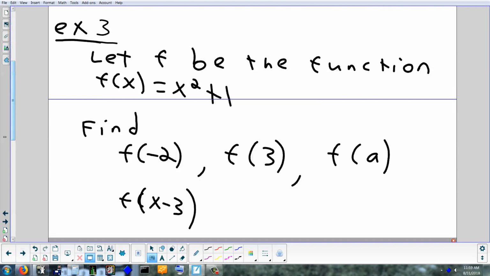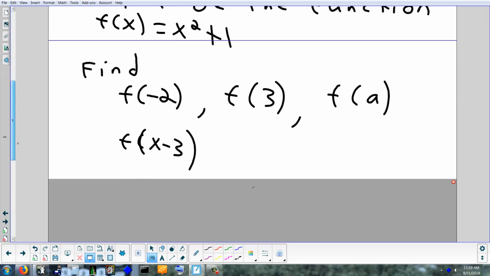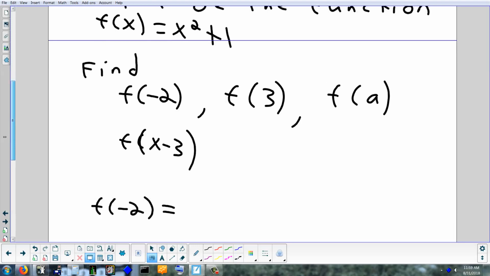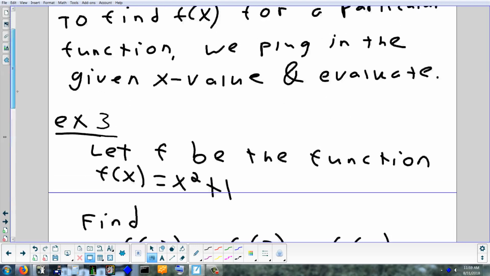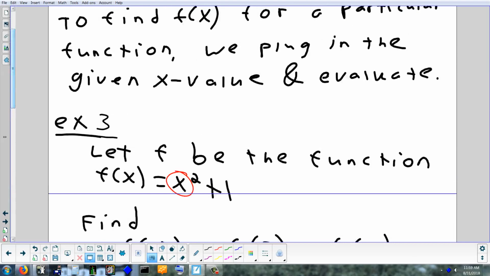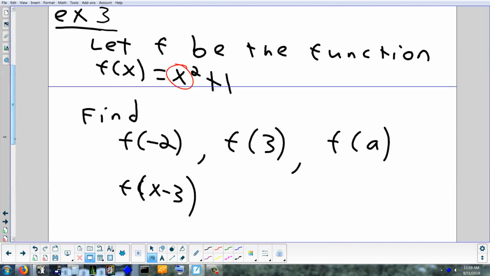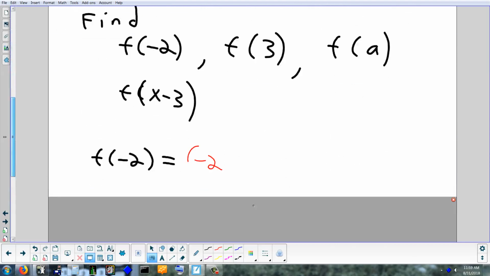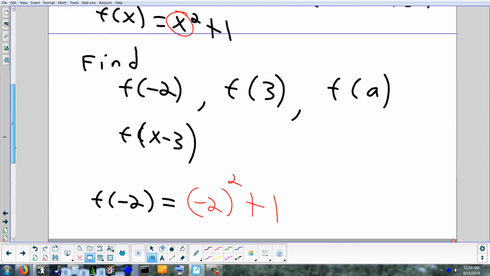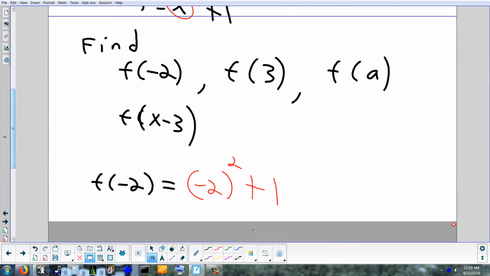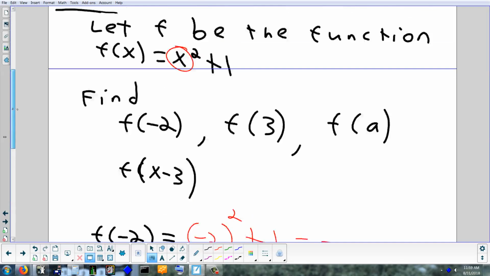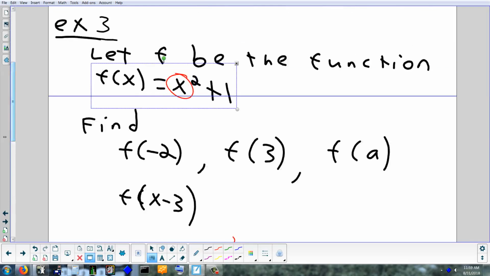So if I wanted to plug in -2, f of -2 means take x and change that to a -2, and then just do it out. So if I did -2 squared plus 1, what do I get? 5. That's it. If I plug in a, well, I get a squared plus 1.